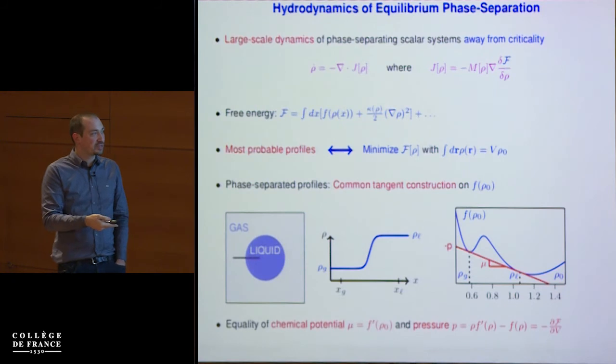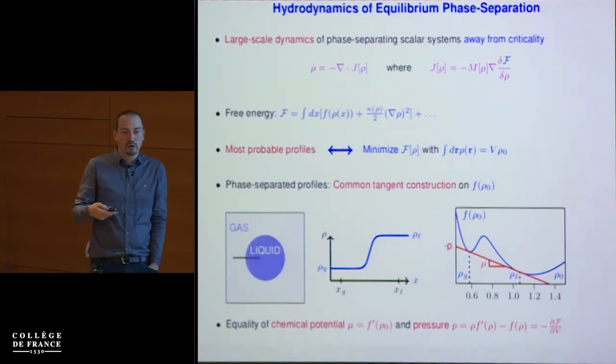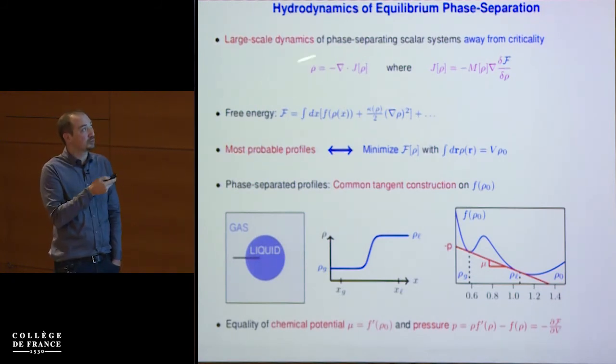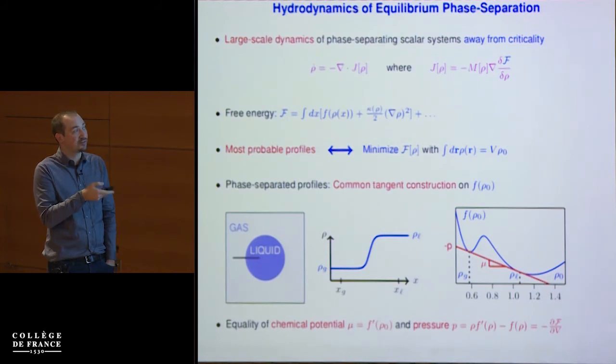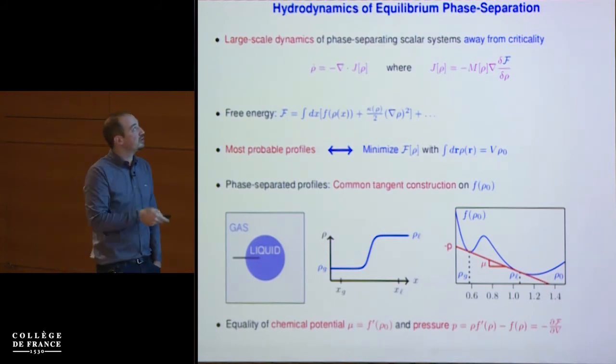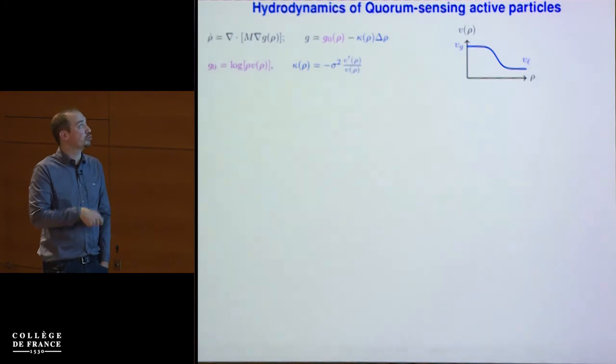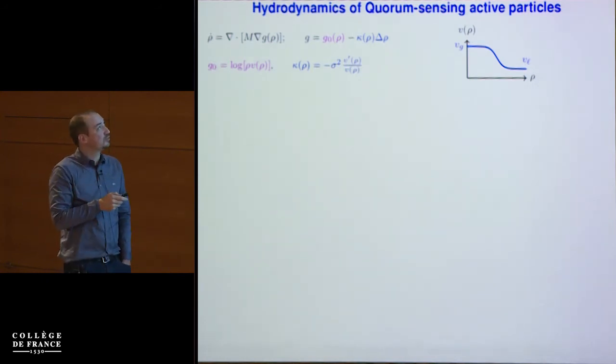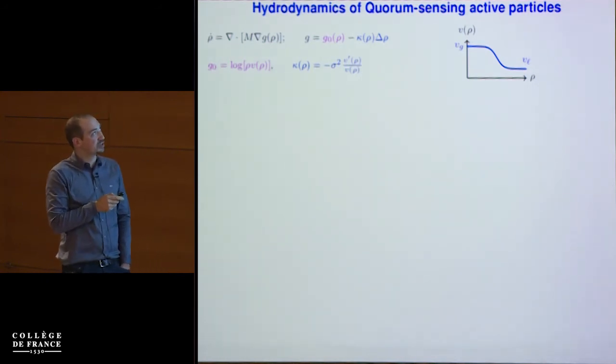Here, with the active particles, in principle, you're lost, because even if you were able to write down this equation, you wouldn't have this shape. Nevertheless, that's something that we try to do. So you do the coarse graining explicitly for your active particles interacting via quorum sensing. And the dynamics you get is a mass conservation equation. Again, you have a current, which is given by your mobility times the gradient of something.